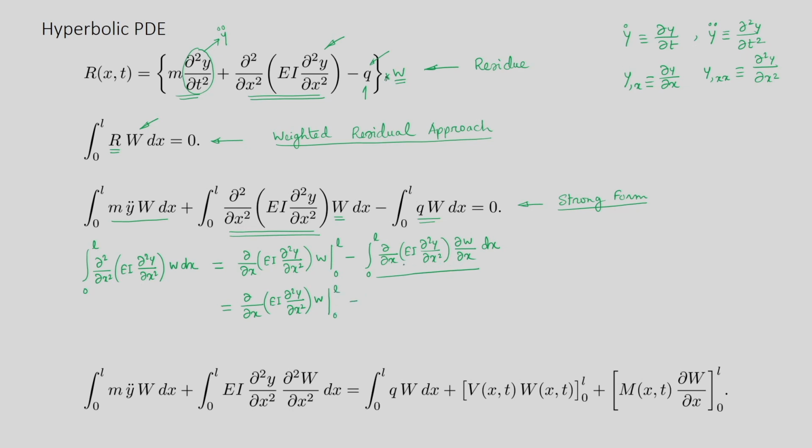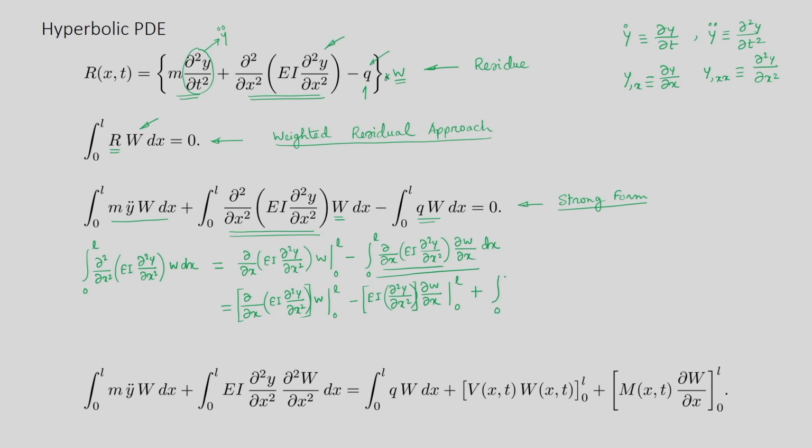Here we integrate this term, so we will get EI del 2 y del x square into del w del x, limit 0 to L. This term we can keep in bracket, this term also in bracket, and then minus and minus becomes plus.